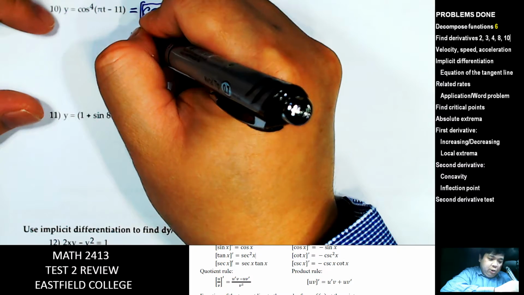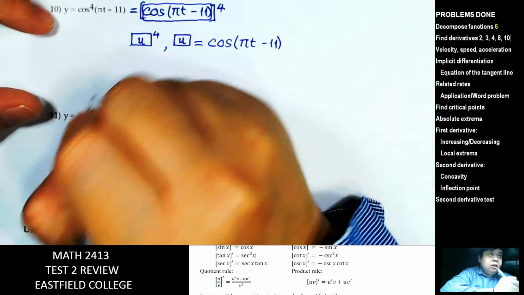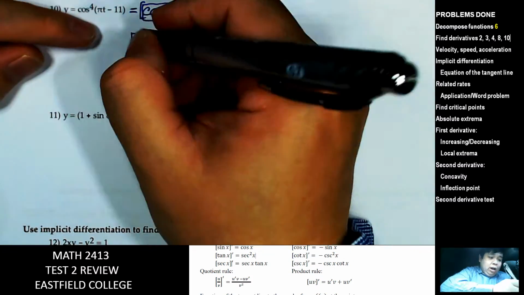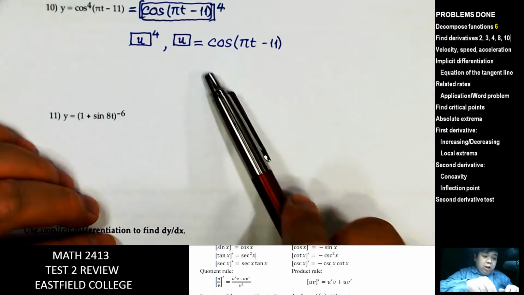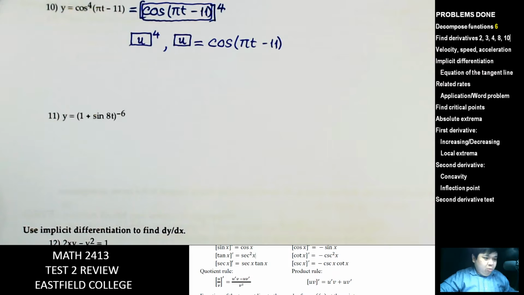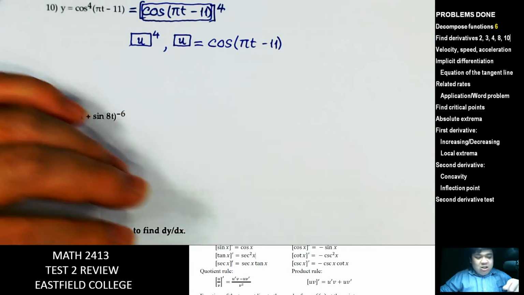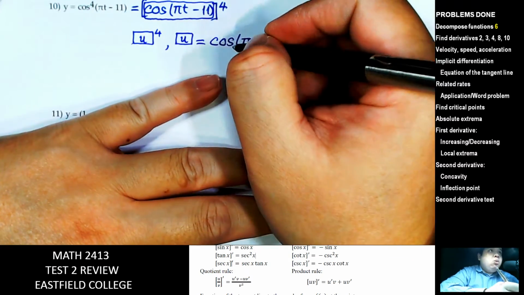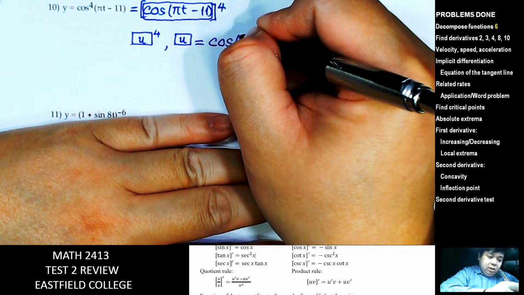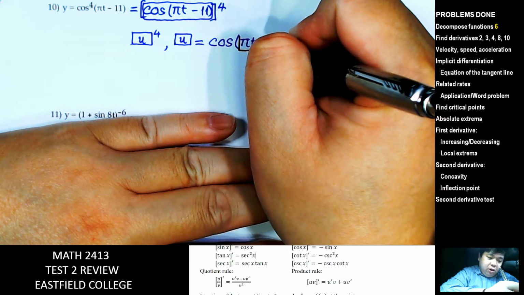Let's label that u. Right. Certainly the derivative of u to the 4th is very easy to do. Derivative of this, not yet. It's still easy, but we still need to use something else. So what that something else is, put this in another box.